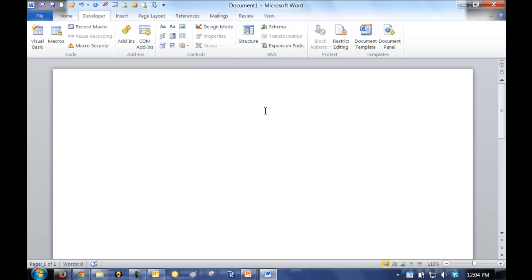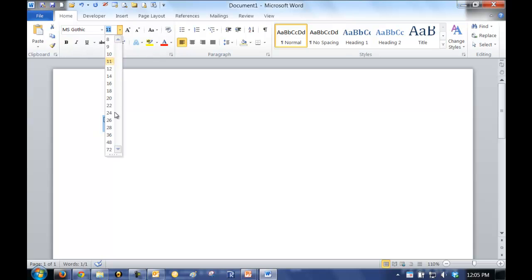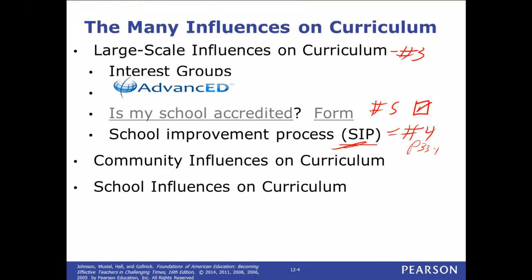If you're on a Word document like this, I can insert a box that I'll have you check that shows that you did this, and it's a reminder, and it's a thing under Developer, and it's a little tricky. I'll just put this in here, and I'm going to try and enlarge it a little bit for you so it's a little easier to see. But you should be able to click on that and it just makes an X like that. And then you can write me a note or something like that, but that's what you should see in your notes here, a box like that for you to check. Okay, so that was number 5.